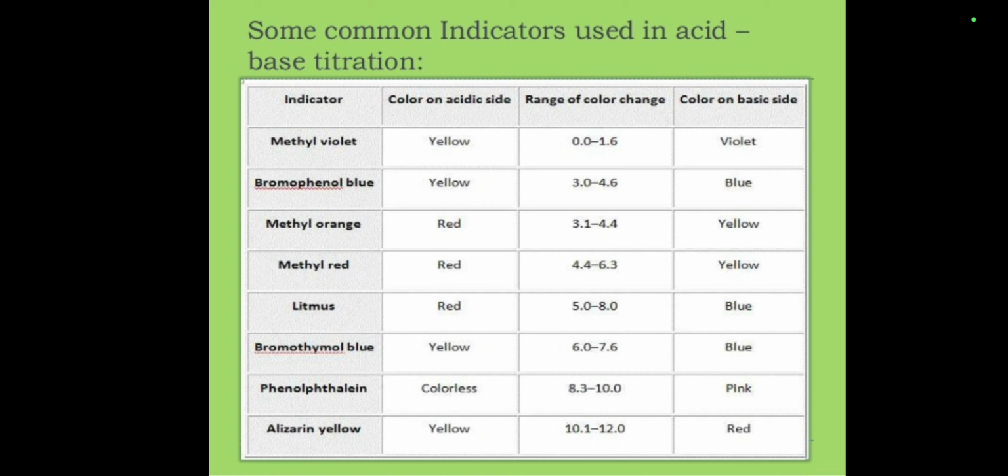This is the range, the color on the acidic side and the color on the basic side. Take a look and remember this illustration, this table, because it is very important. This is one of the important topics and will be included in your finals exam.